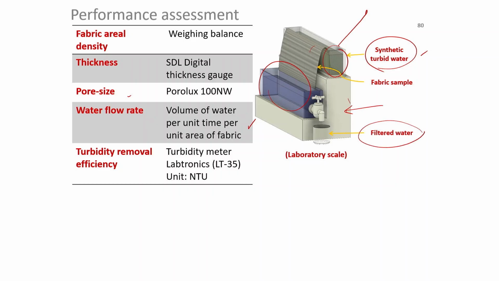The water from the turbid water is wicked through the wicking action, drawn and collected at this trough, and we get the filtered water. Only by mechanical wicking action we are trying to remove the turbidity.